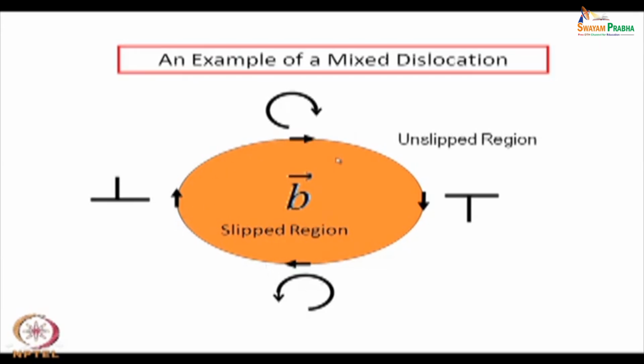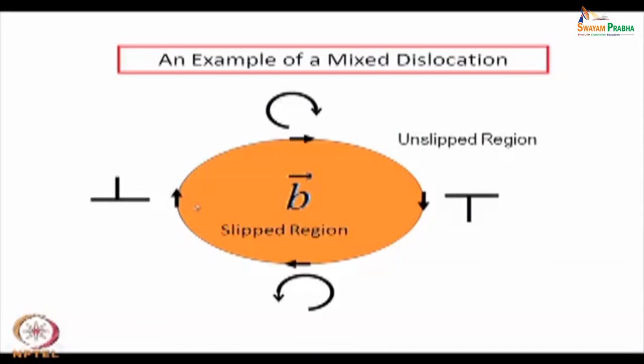So, for these two, the B vector is parallel to the T vector, but in different directions. So, this is a clockwise rotation and this is an anti-clockwise rotation. That is also important in how it can be denoted, and then here you have a reverse edge dislocation and a normal edge dislocation.